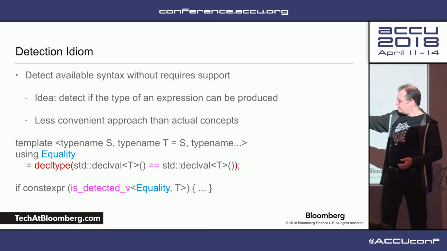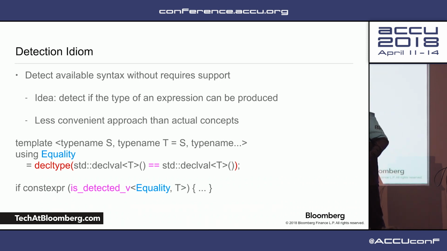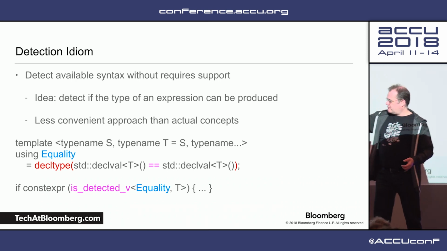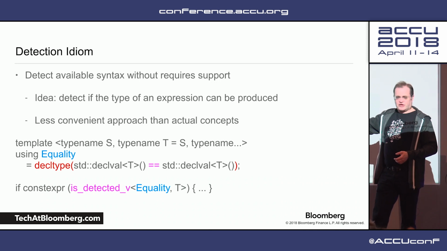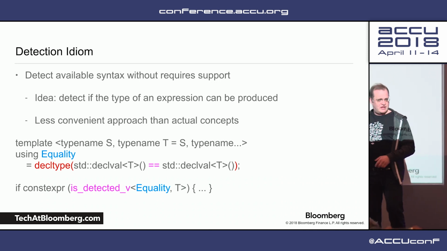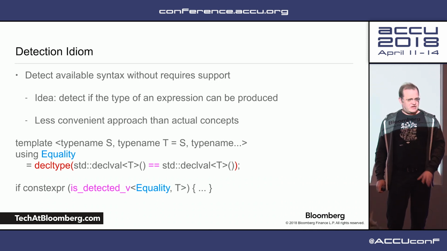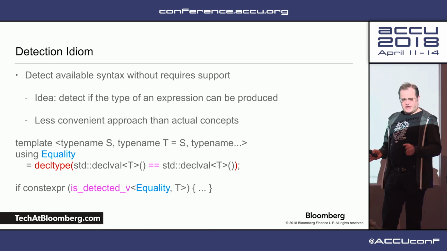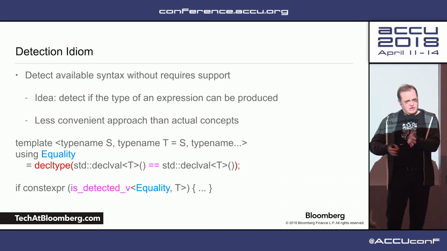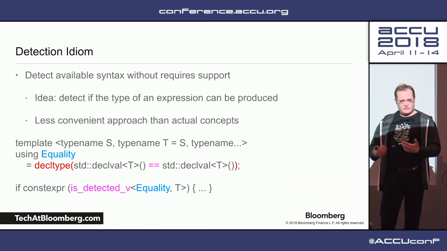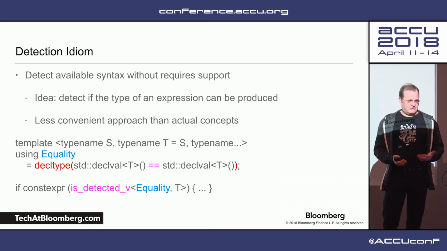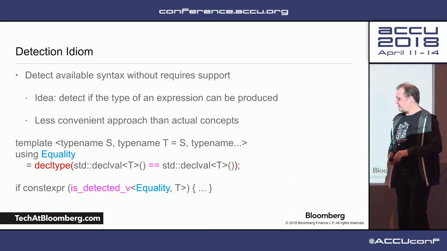So we would like to write something in the bottom, the equality we just wrote, and we want to write something like is_detected_v of equality of T, to say equality for T does exist. This is not quite just a requires of a concept or the concept equality, but it's reasonably close, and maybe with a little bit of macro we can make it even closer.